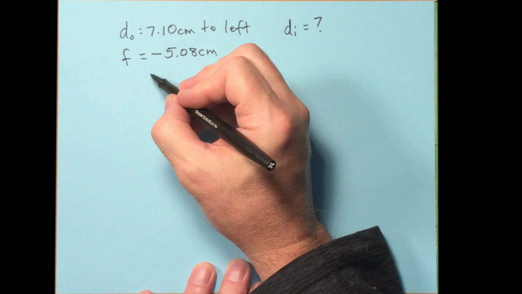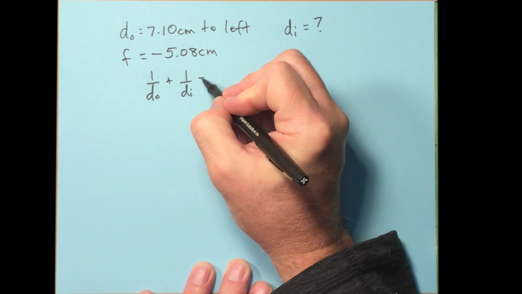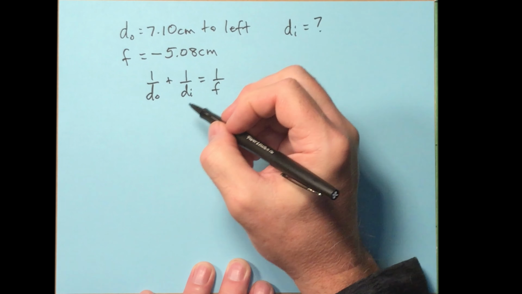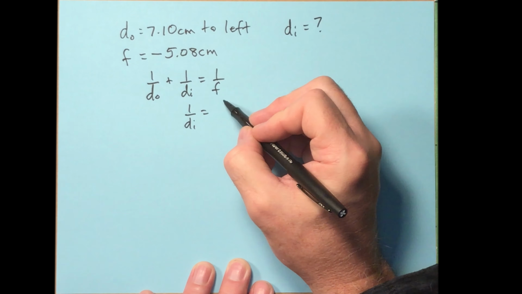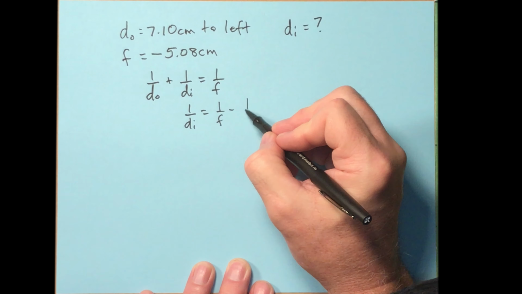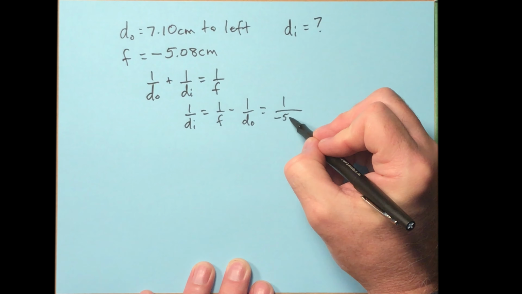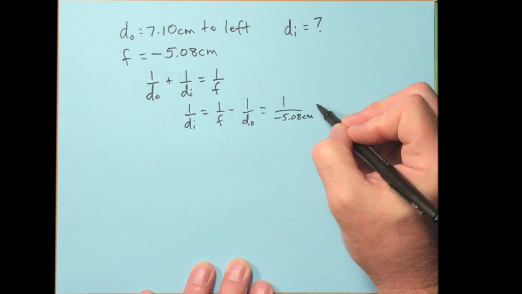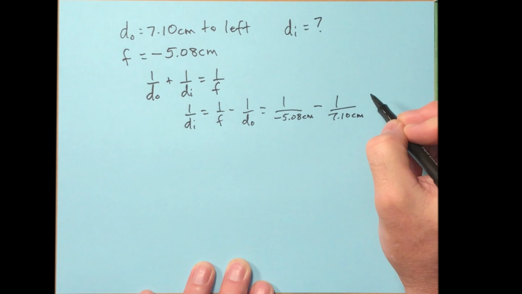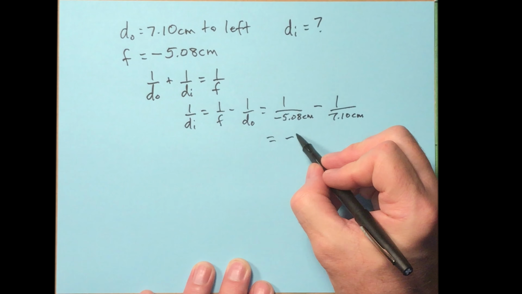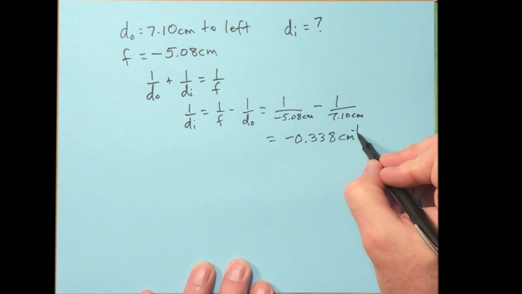And we can solve that using the lens equation. 1 over dO plus 1 over dI equals 1 over f. So we're after dI, so 1 over dI is 1 over f minus 1 over dO, which is going to be 1 over negative 5.08 centimeters minus 1 over 7.10 centimeters, and that turns out to be minus 0.338 inverse centimeters.